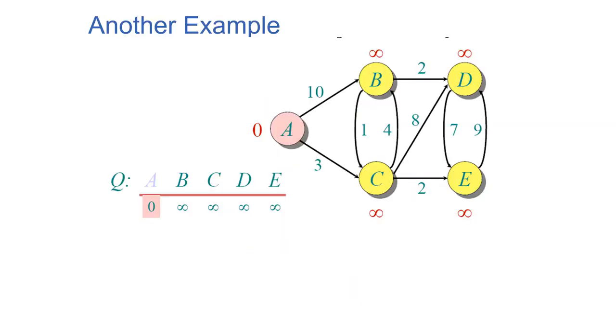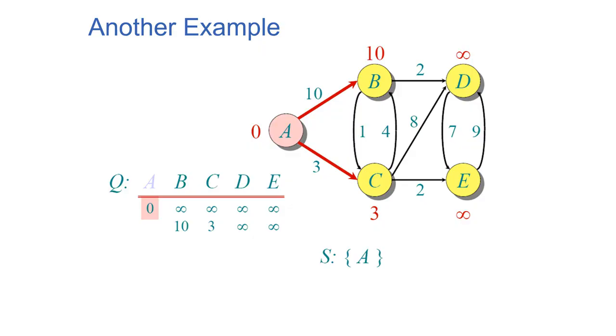Here is another, similar example, also using Dijkstra's algorithm. Again, the source node has 0 distance and all the remaining nodes have infinite distances. Now we add the source node to our cloud, our known vertex set.